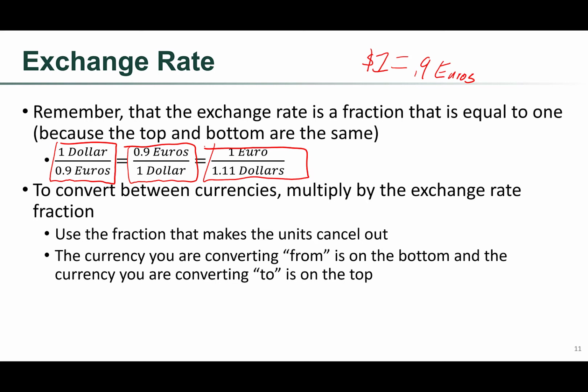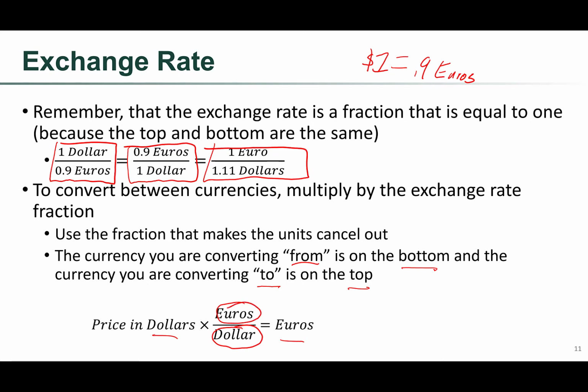The currency you're converting from is on the bottom, and the currency you're converting to is on the top. So for example, if we're trying to go from dollars to euros, we are converting from dollars, so that goes on the bottom. We're converting to euros, so that goes on the top. Notice that when we do this, the units for dollars cancel, and so we're left with price in euros equals euros, which is what we want.